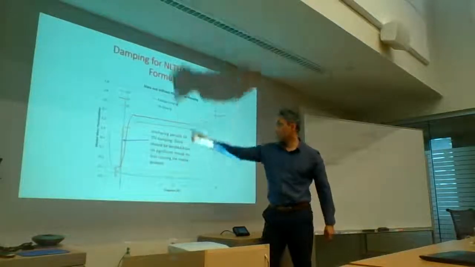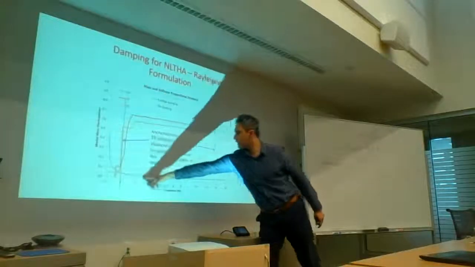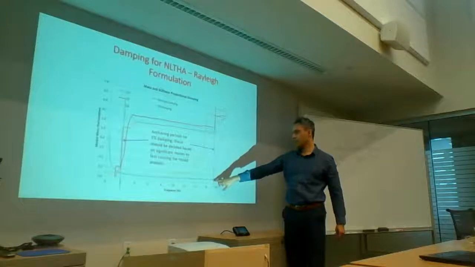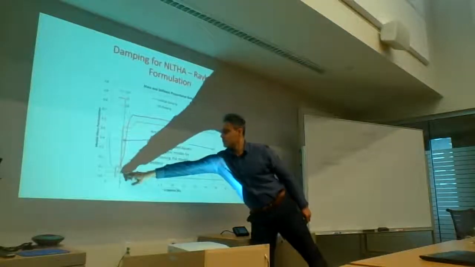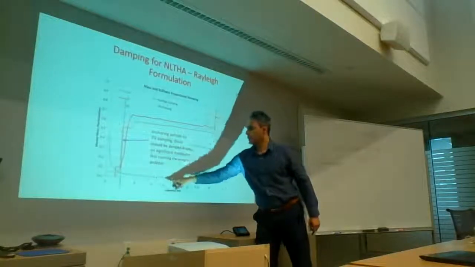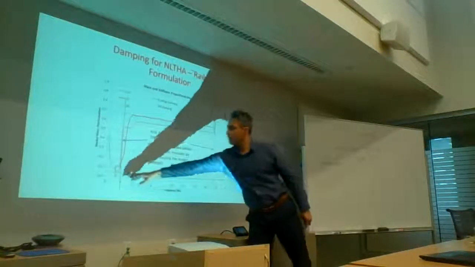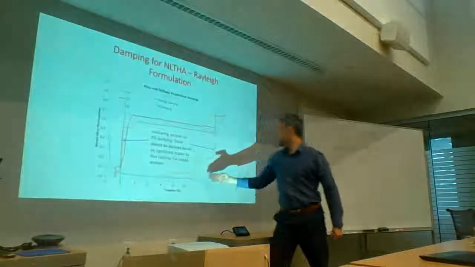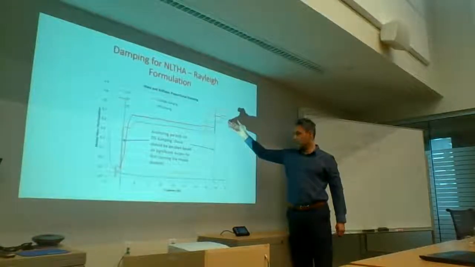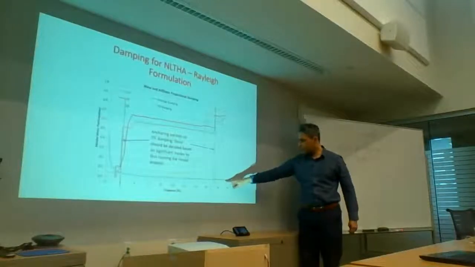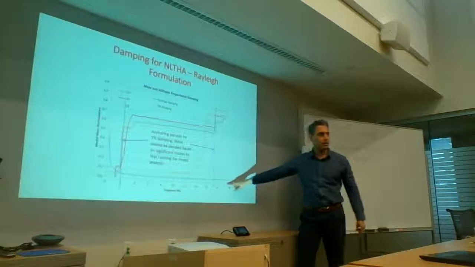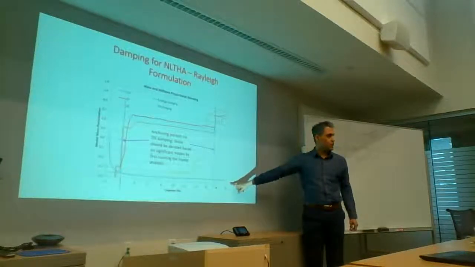You can see my blue line, which is my Rayleigh damping curve, is matching quite nicely here and here. So anything in between is a little bit underdamped, and anything before this and after this is overdamped. But you can see that the line is fitting quite nicely. It's not a huge difference.